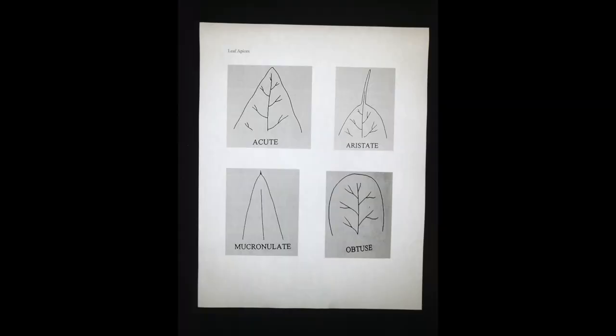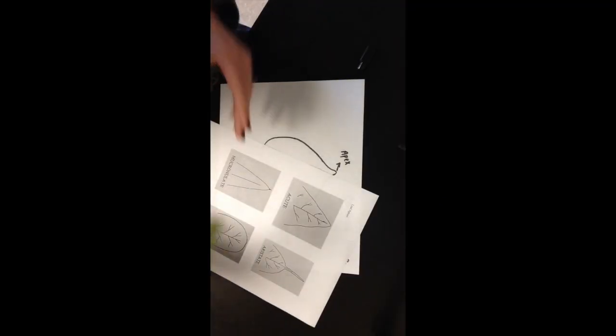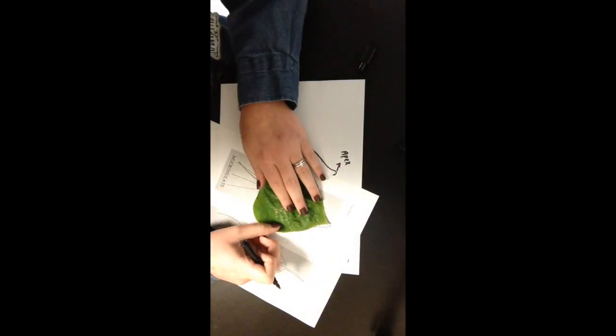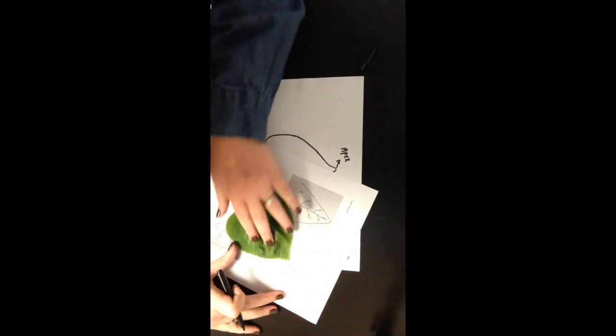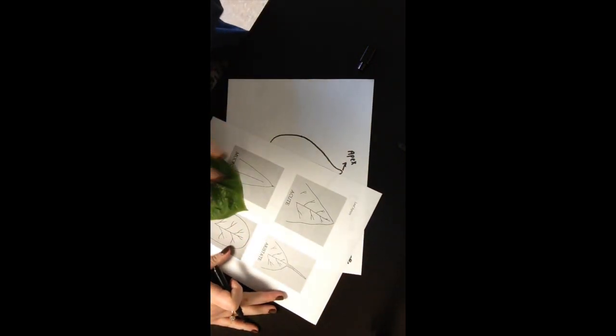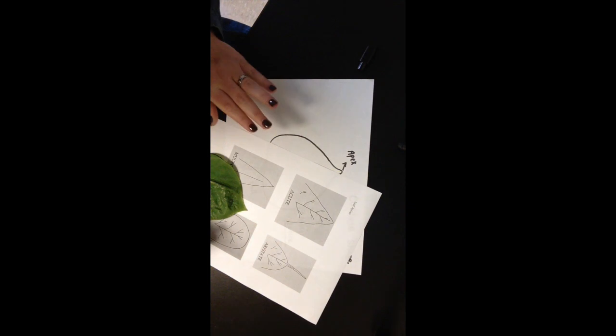Next, moving on to the apex, and so once again, you've seen this sheet already so many times. We're going to try and pick which one matches it the best. I've determined that the best apex for this specimen is also going to be the mucronulate apex.